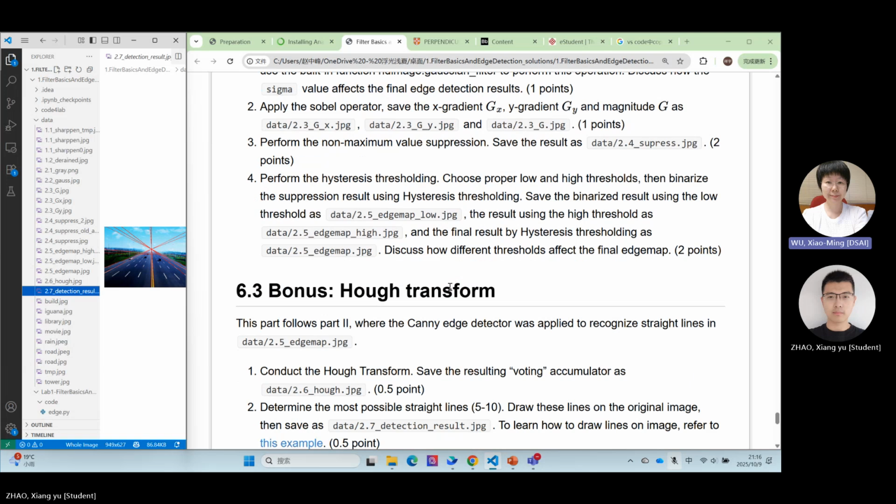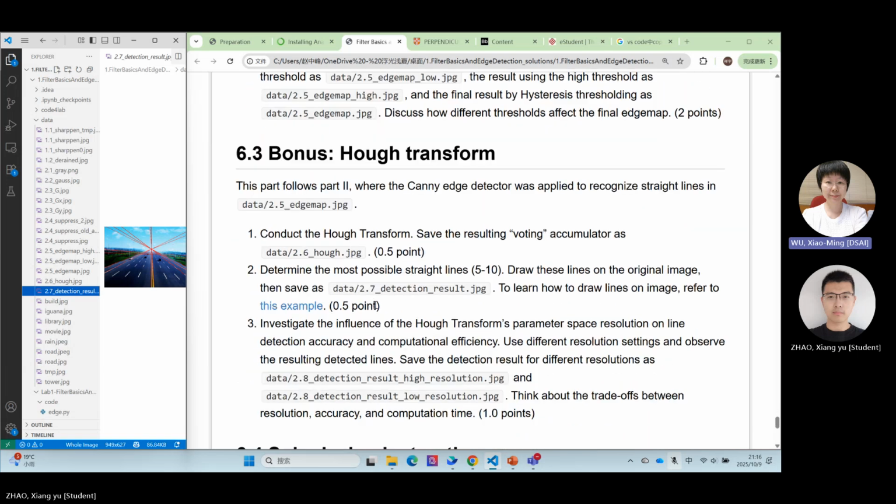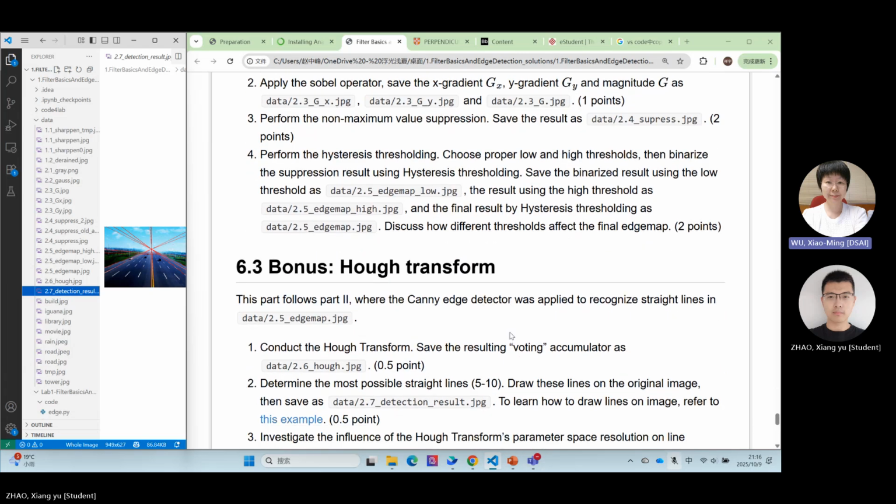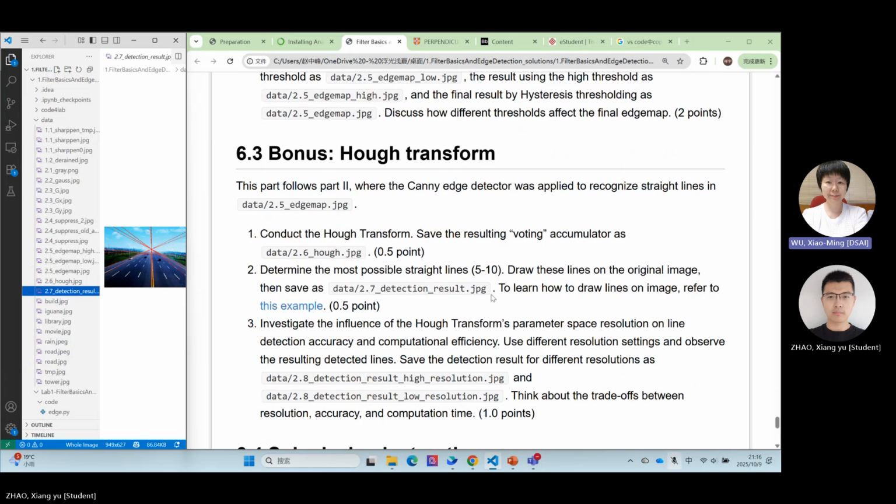And the bonus part only has 2 points. Although it has few points, it is the most difficult. After you have finished the bonus part, you will get an additional 2 points in your final results.